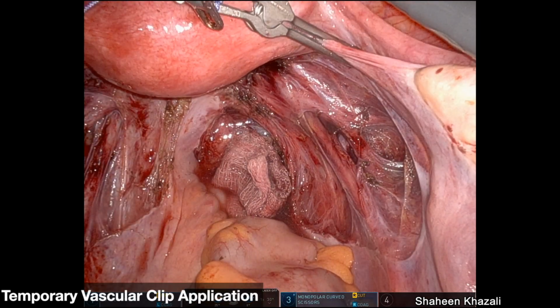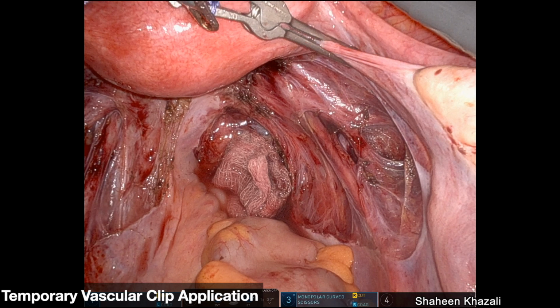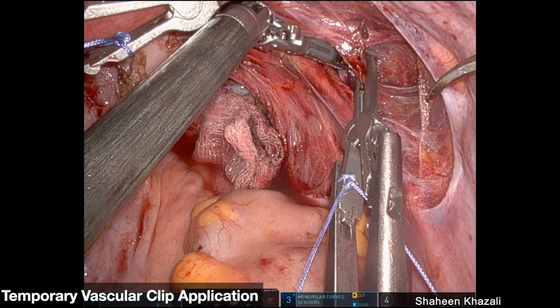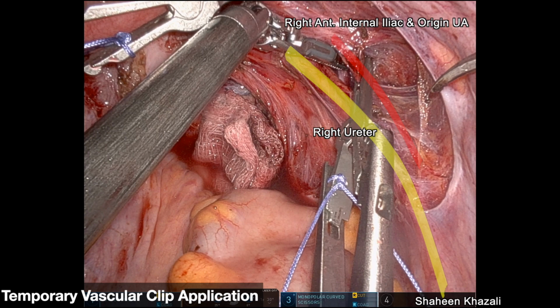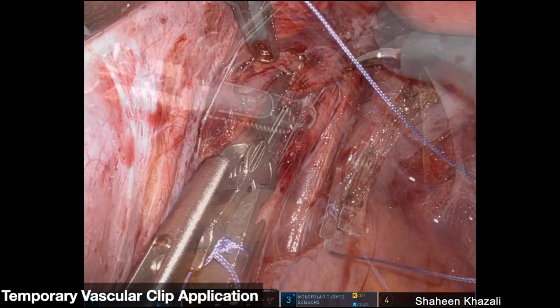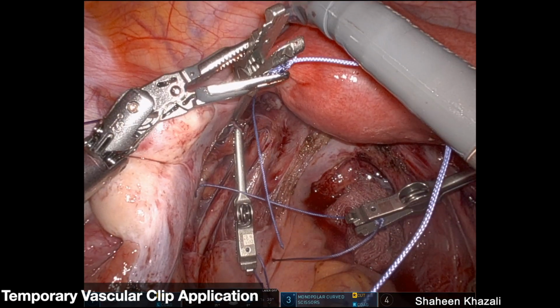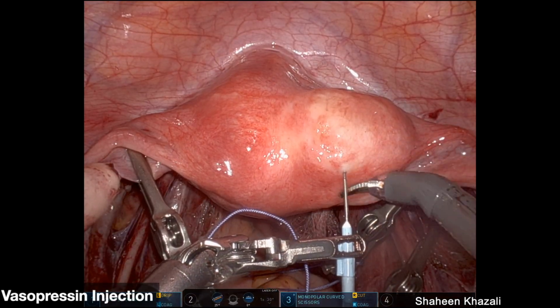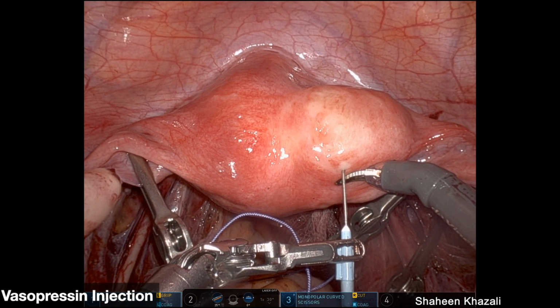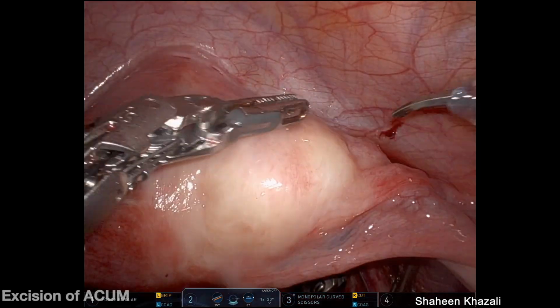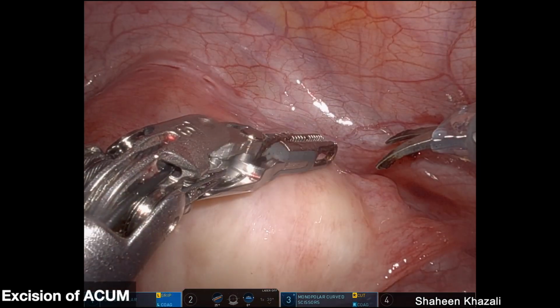These are placed at the ovarian ligament and the origins of the uterine arteries bilaterally. To further minimize blood loss, diluted vasopressin is then injected overlying the malformation. A total of 10 mL containing 5 units of vasopressin was injected.